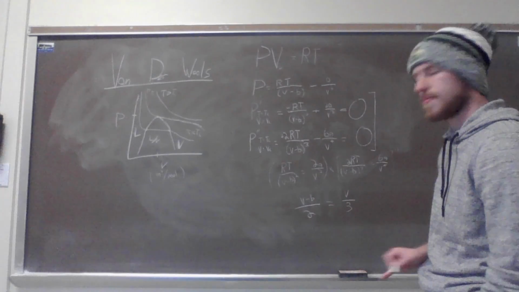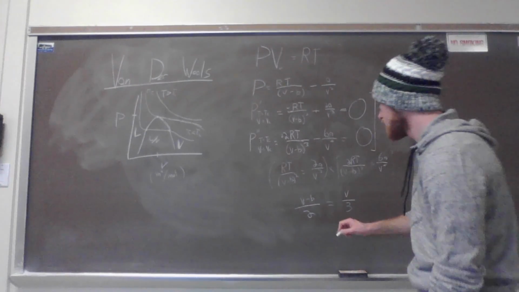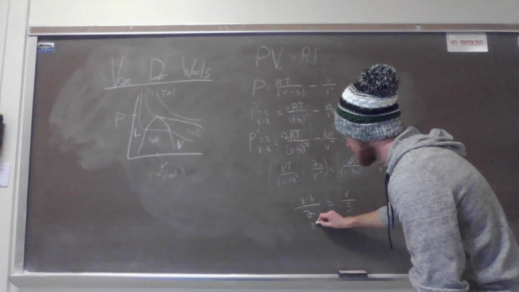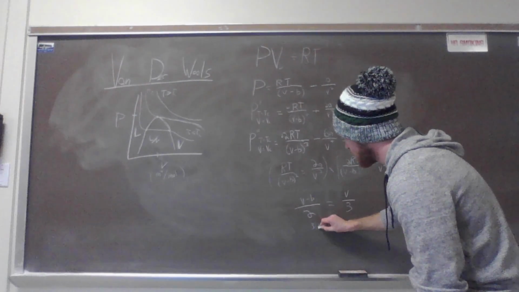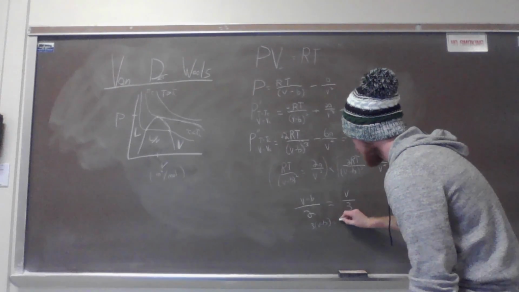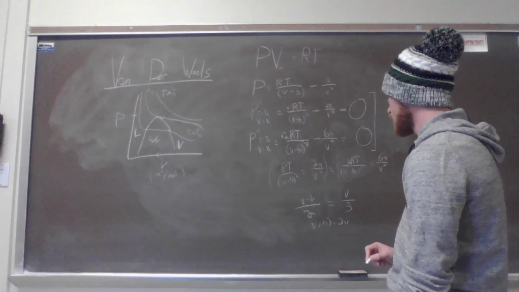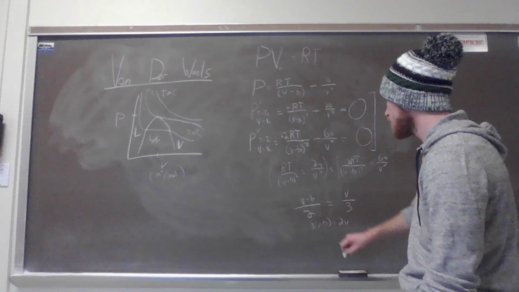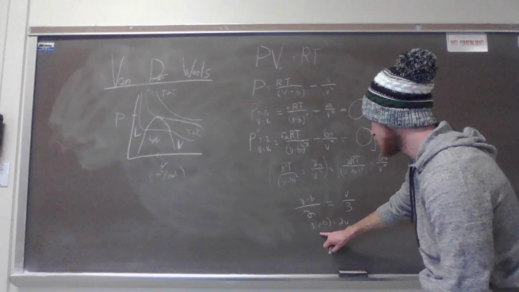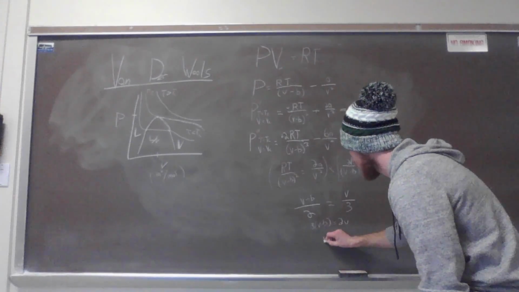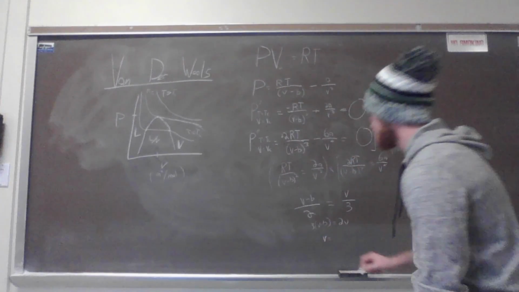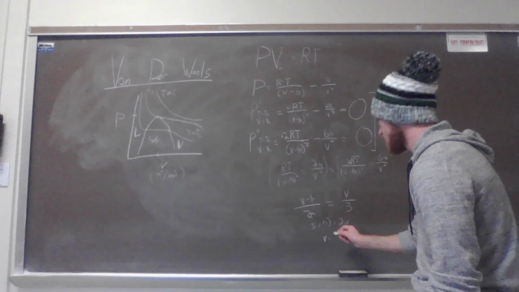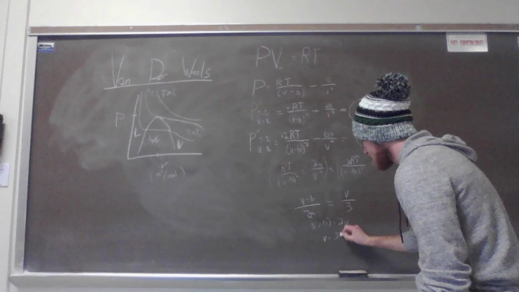So, only B is remaining, so we simply begin solving for B. We multiply by 2 and by 3. We have 3 times V minus B is equal to 2V. We're going to distribute this in our head and then move everything over. So subtract 2V from both sides, add 3B to both sides, and we end up with V is equal to 3B.